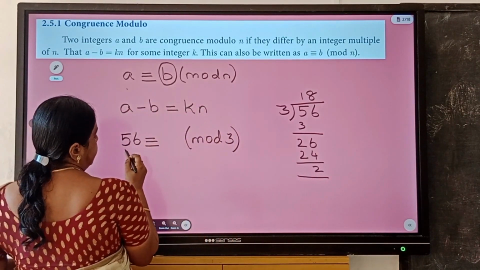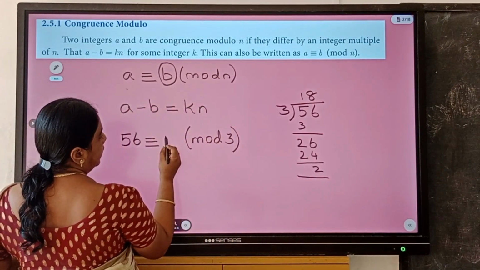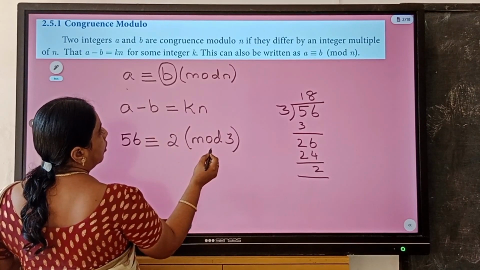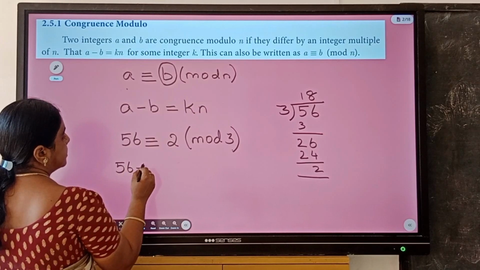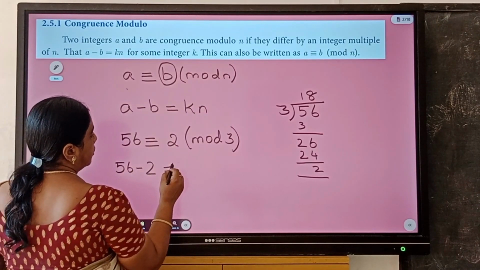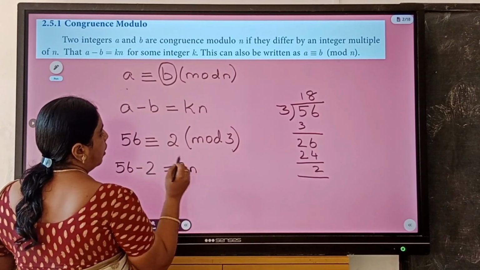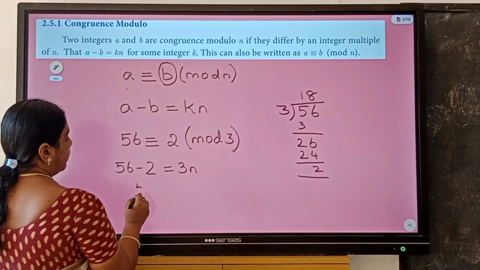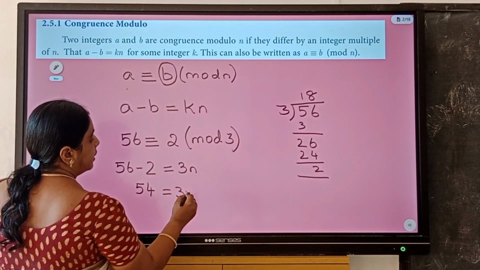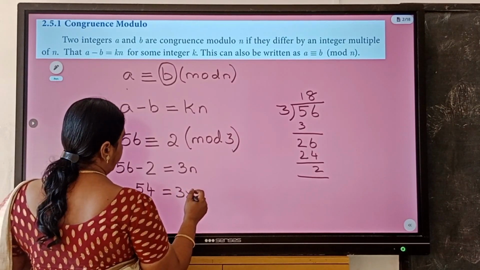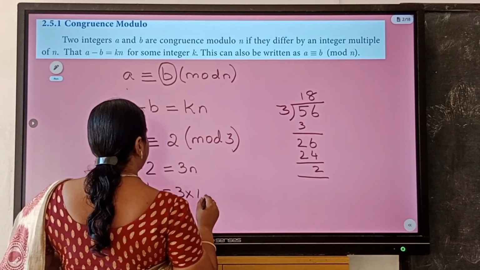So we can write this as 56 is congruent to 2 mod 3. That means 56 minus 2 is equal to some multiple of 3. So 56 minus 2 is 54, which is nothing but 3 into 18.